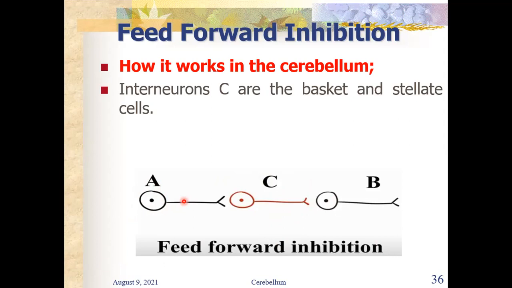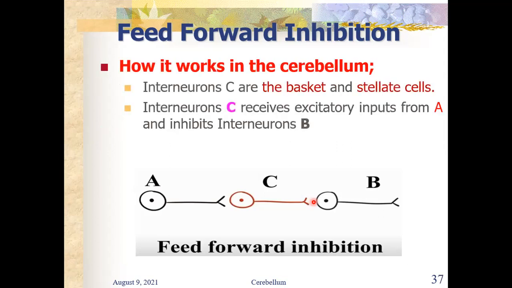So they exhibit a kind of feed-forward inhibition to other interneurons. So that is how the feed-forward inhibition works.